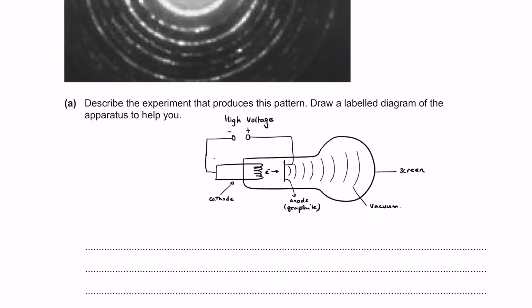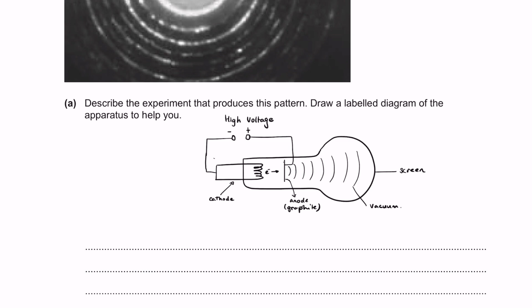As you guys know, a cathode ray tube has a cathode which is hot and it basically emits electrons. In this case we have the anode, which is a graphite anode, and graphite is made up of carbon atoms. As the electrons pass through this anode, the electrons will diffract and they form this pattern on the screen.